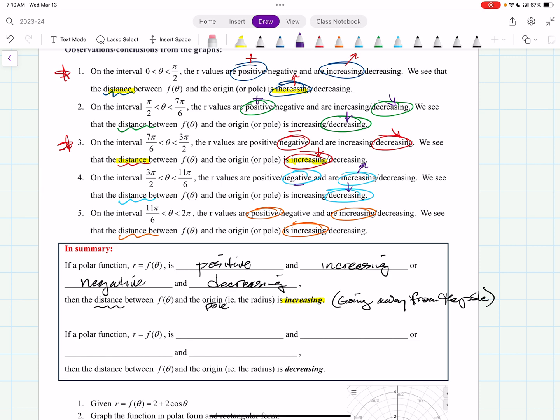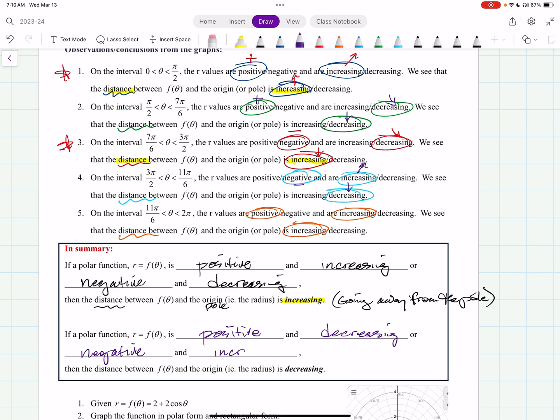So let's write that down. In number two up here, you're positive and decreasing. Or number four, you're negative and increasing. Not you, but the function.